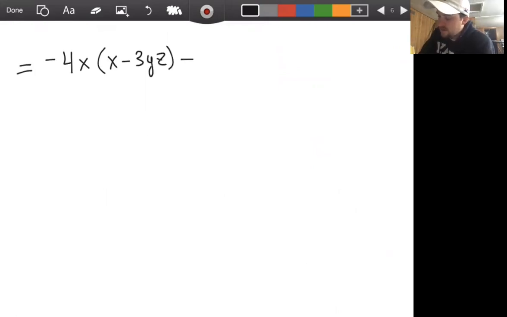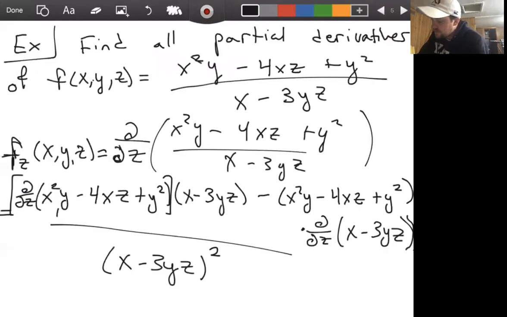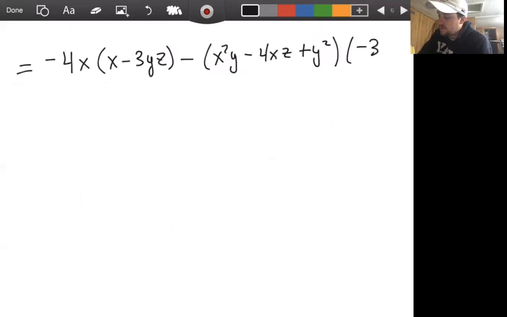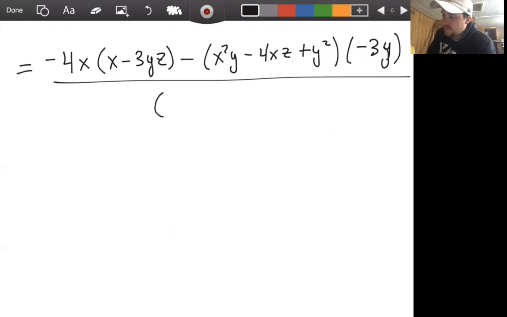And then minus the numerator, x squared y minus 4xz plus y squared, times the derivative with respect to z of x minus 3yz, which is minus 3y, all over the denominator, x minus 3yz quantity squared.